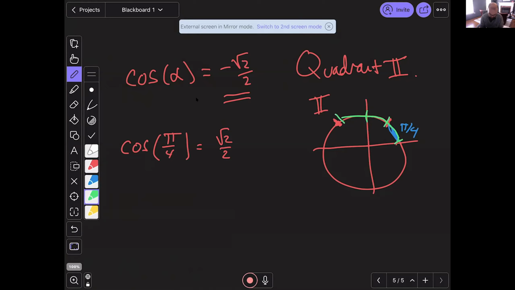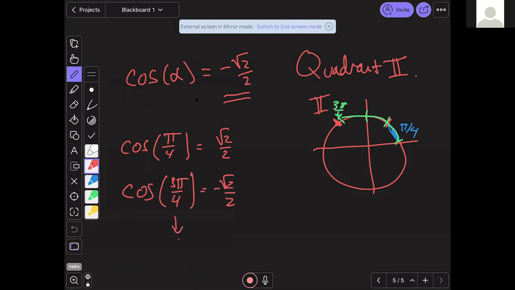So this is pi over 4 in blue, and so this is going to be 3 pi over 4. So really what we're looking at is cosine of 3 pi over 4 is negative root 2 over 2. And so this is your alpha.